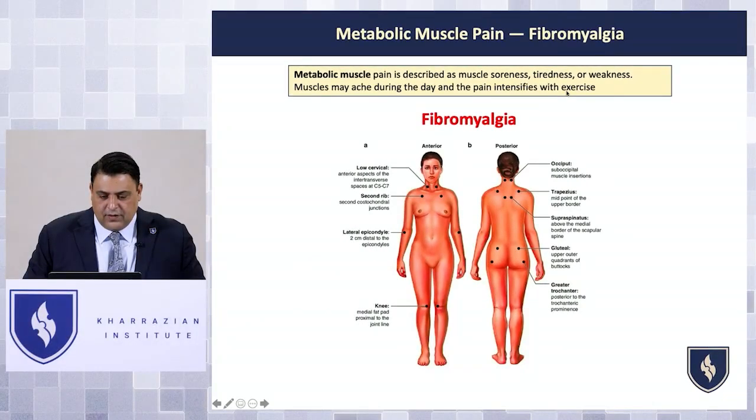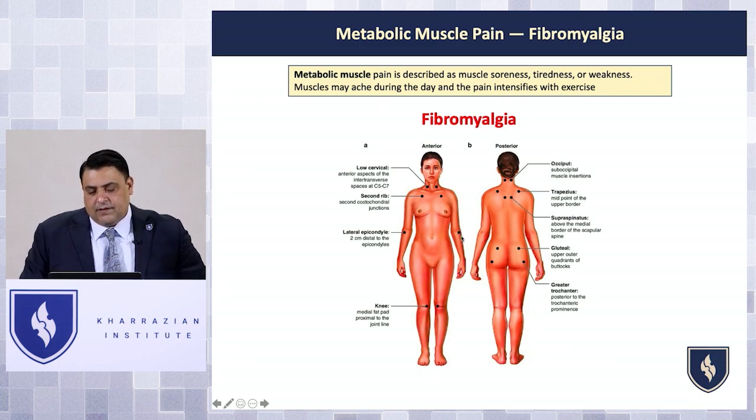Pain is described as muscle soreness, tiredness, weakness. Muscles may ache during the day. And then if you look at some of the studies we talked about yesterday, when they do biopsies of patients with fibromyalgia, it's very clear that their muscle fibers are lacking in efficient mitochondrial function.